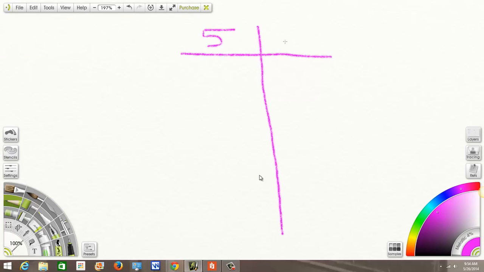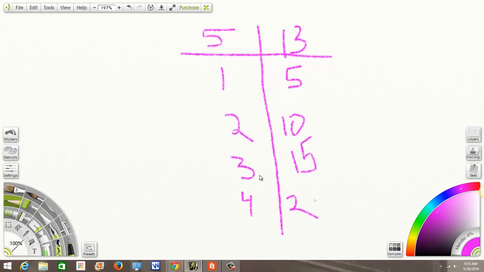Here's 5 and here is 13. 5 times 1 is 5. 5 times 2 is 10. 5 times 3 is 15. 5 times 4 is 20. And 5 times 5 is 25.